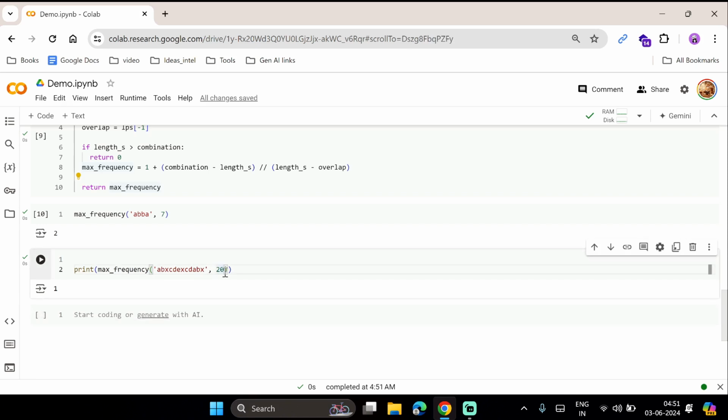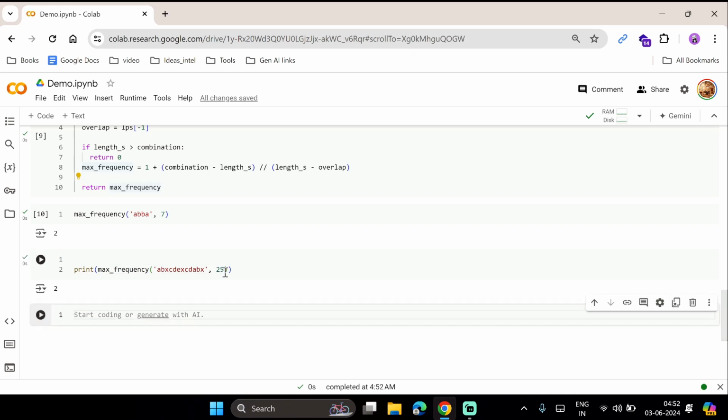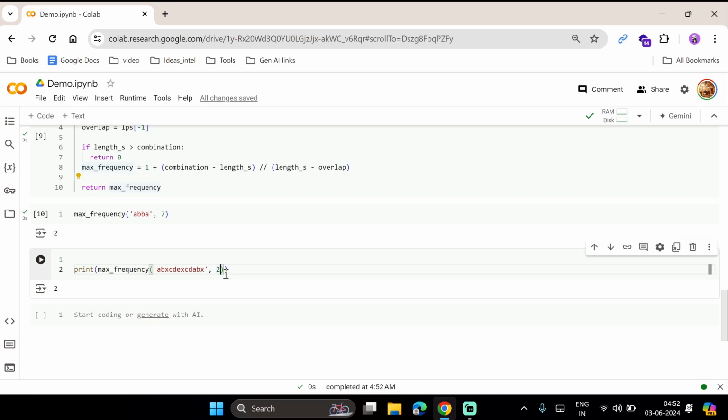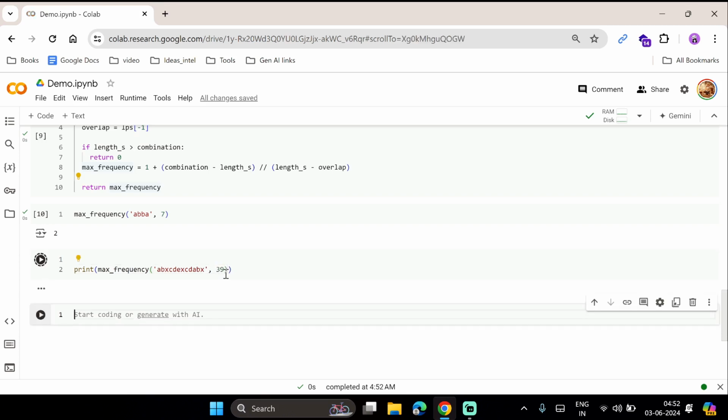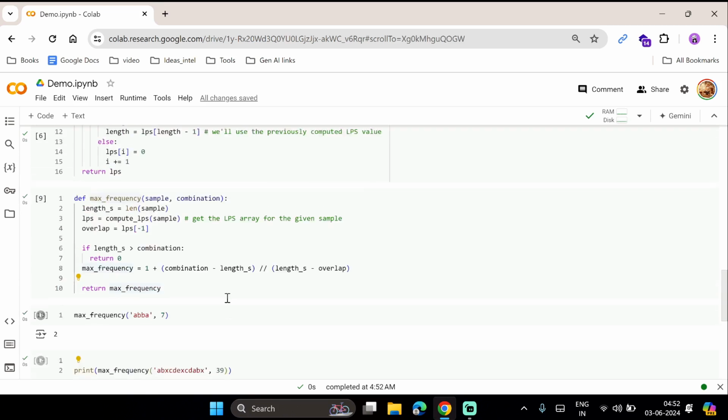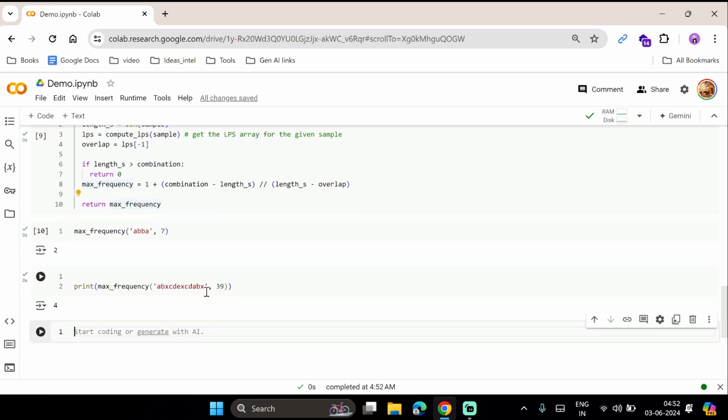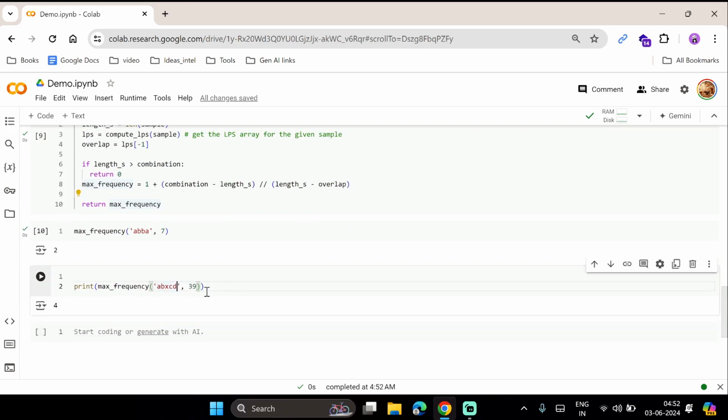But if I do, say for example, instead of 20, if I do 25, now something different will happen. Yeah, now you can do 2. If I say 39, say for example, now you can do 4. So you understand how this is working. You can actually work with palindromes.